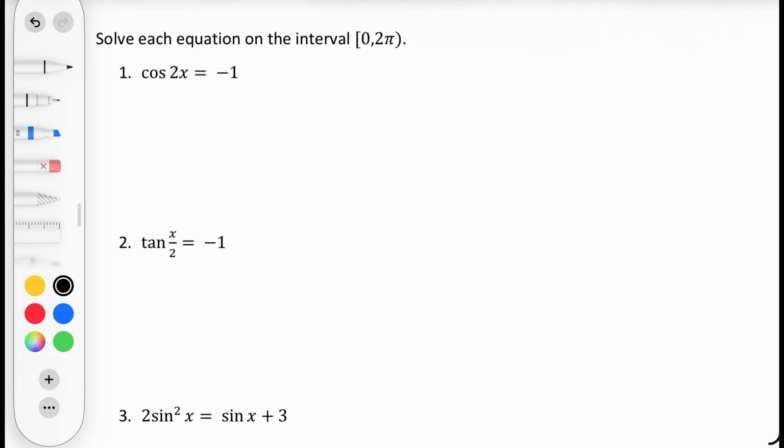Now for question 1 of solving trig equations on the interval of 0 to 2 pi. So we had to find what cosine equals negative 1 would be on a unit circle.